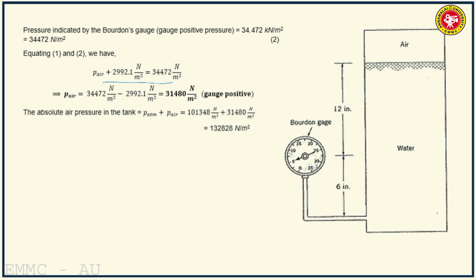So ultimately you get the absolute pressure in the tank will be, so this is the gauge pressure of air in the tank, that is gauge positive. If you want to express the air pressure in absolute terms, that is atmospheric pressure plus the gauge pressure of air, that is 101348 Newton per meter square is the atmospheric pressure, and this is the gauge pressure of air. So that comes to 132828 Newton per meter square.